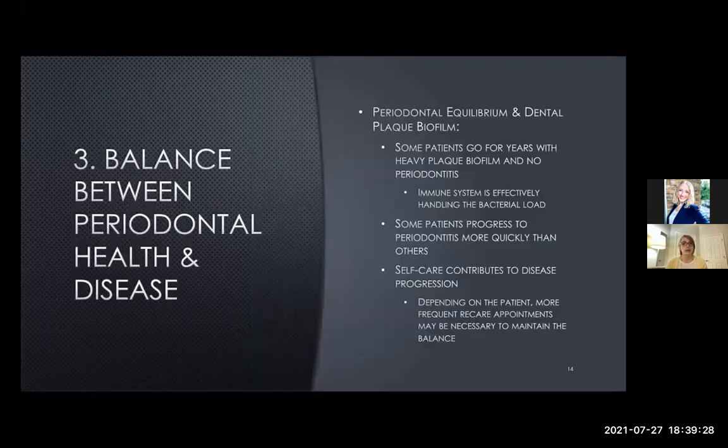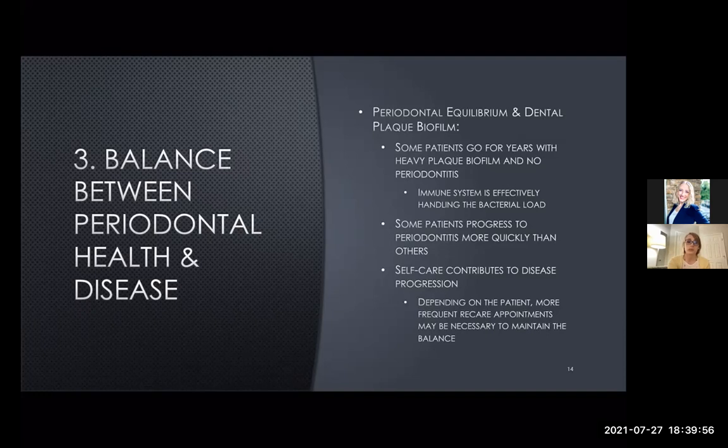So let's talk about that plaque biofilm, which we're going to go into in a lot of detail next chapter. The equilibrium. Some patients, like we said earlier, can go for years and years and years with heavy plaque biofilm, and they might just have gingivitis that never progresses into periodontitis.